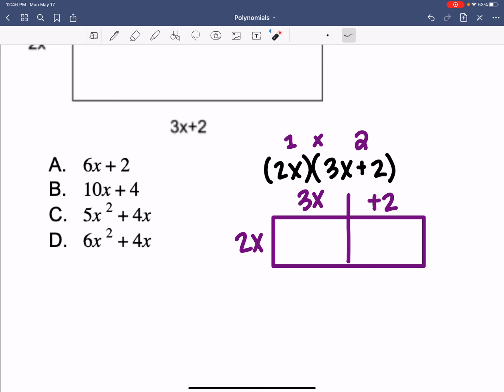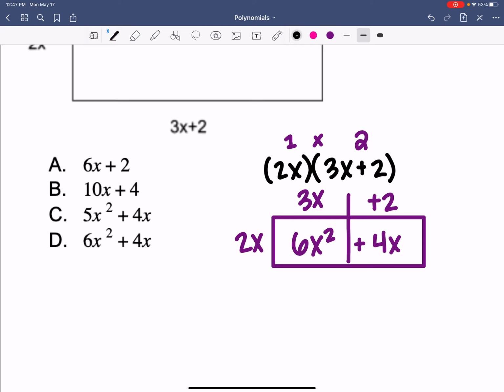And then we're just going to multiply like normal. So that's going to be 2x times 3x, which is 6x squared. And then 2x times 2 would be 4x. And that's a positive 4.